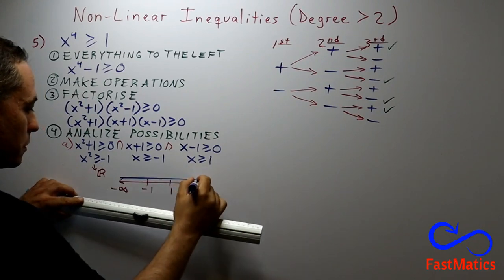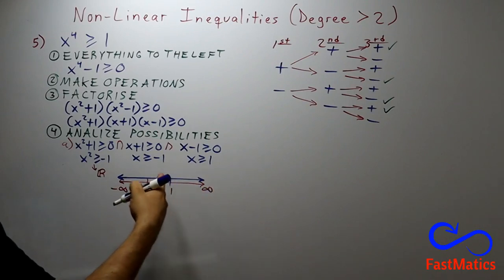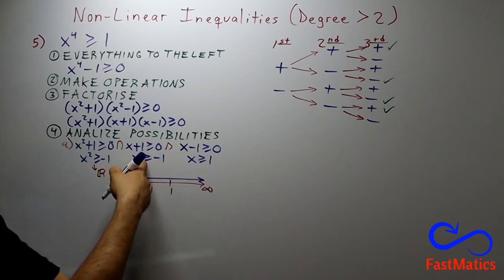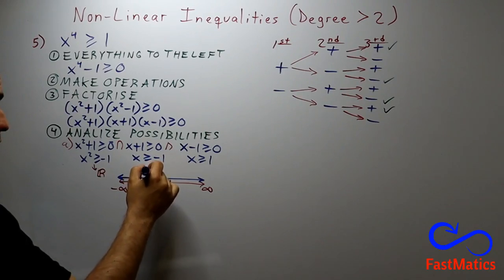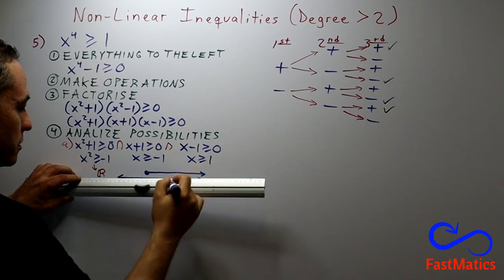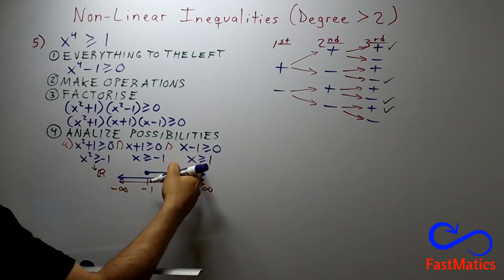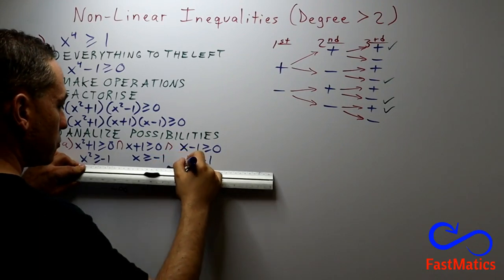So here I have all numbers. I draw an arrow from negative infinity to positive infinity. Here I have numbers greater than or equal to negative 1. We did that because it's greater than or equal to. And here numbers greater than or equal to 1. We did that also.